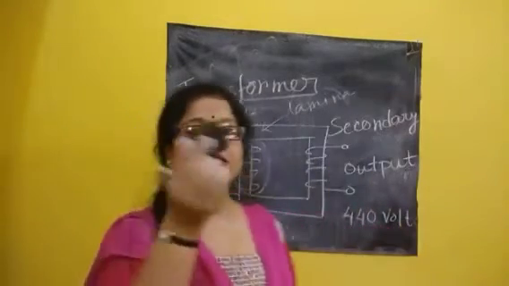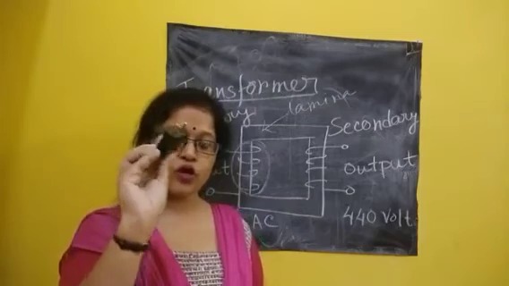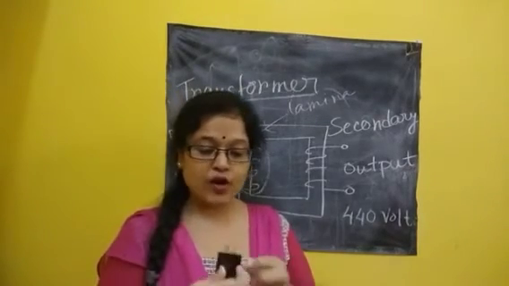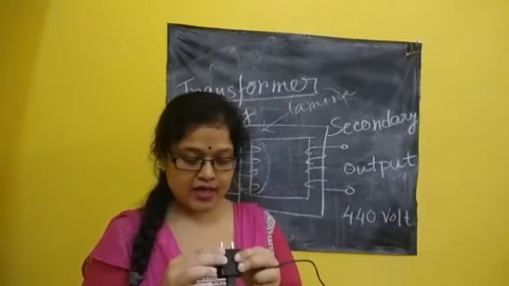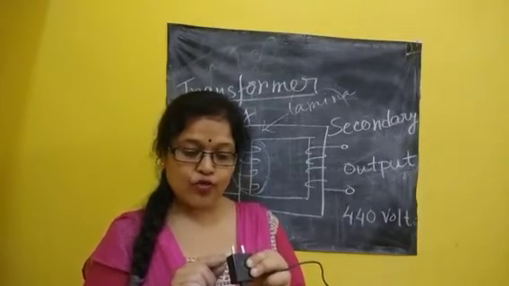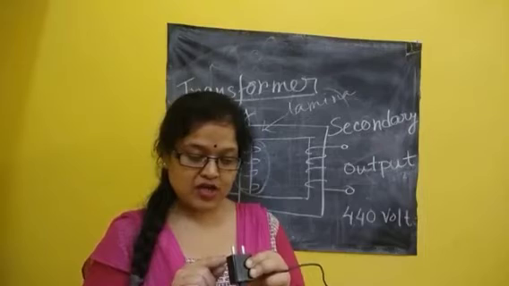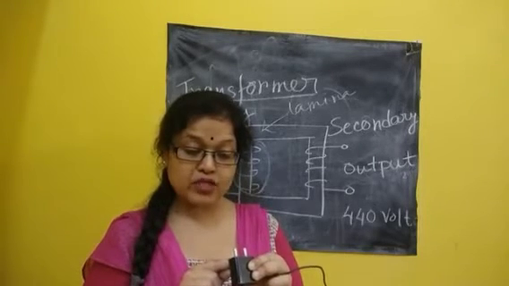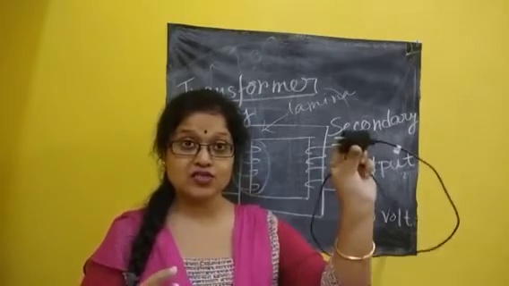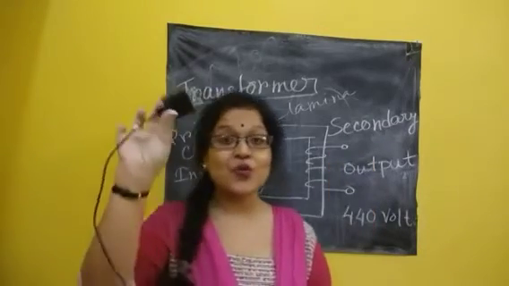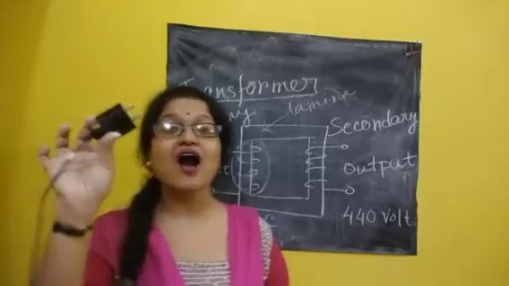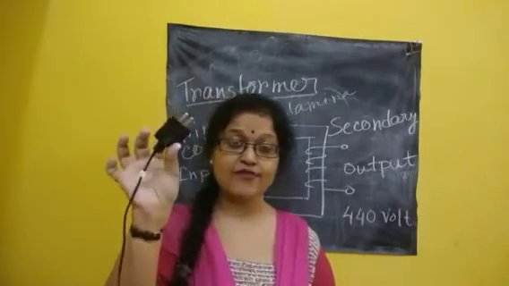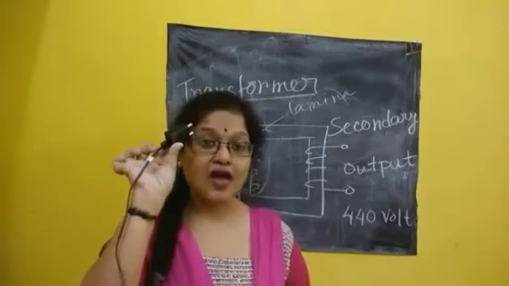This is our well-known charger, electrical charger, mobile charger. We know, see what is written over here. Here it is written input 240 volt, 50 hertz and output 5 volt 2 ampere, means from 220 volt inside here we actually have a transformer like this, but here we have the step down transformer.